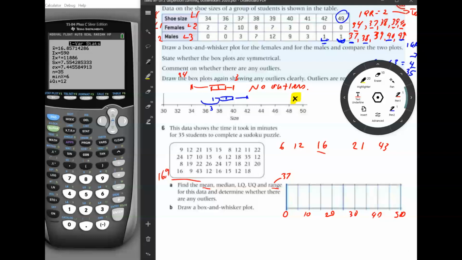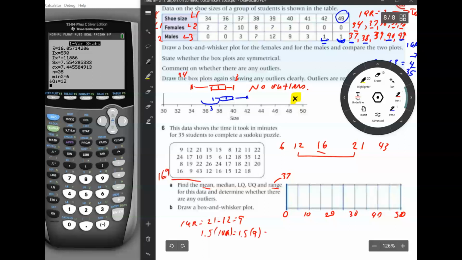Determine whether there are any outliers. We determine the outlier tolerance by finding the IQR first. In this case, the IQR is equal to 21 minus 12, which is 9. And then we take 1.5 times the IQR to find the tolerance. 1.5 times 9 is 9 plus 4.5, so 13.5 would be the tolerance, and you're going to add and subtract the 13.5.